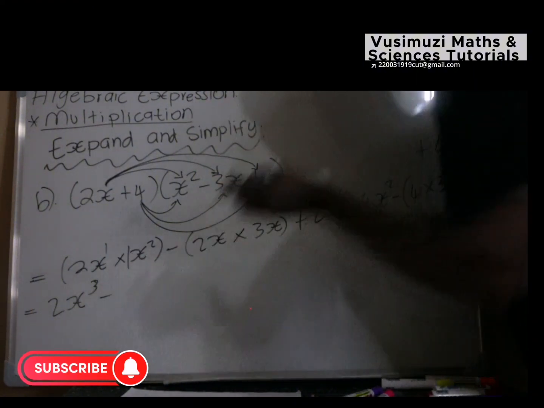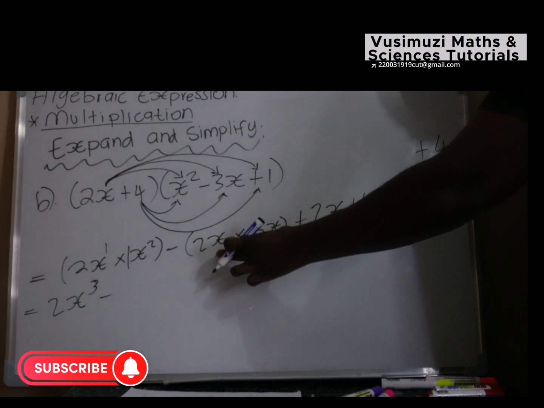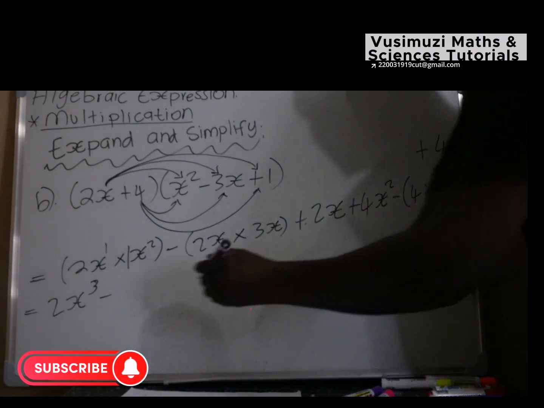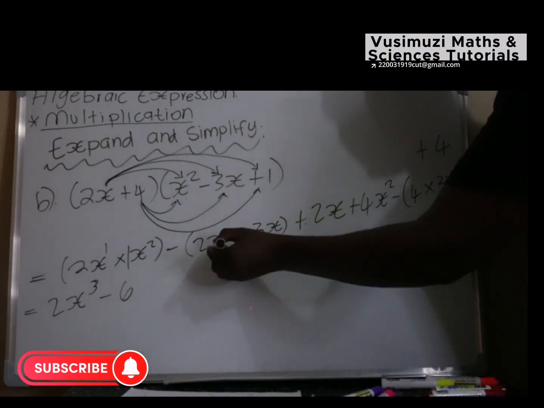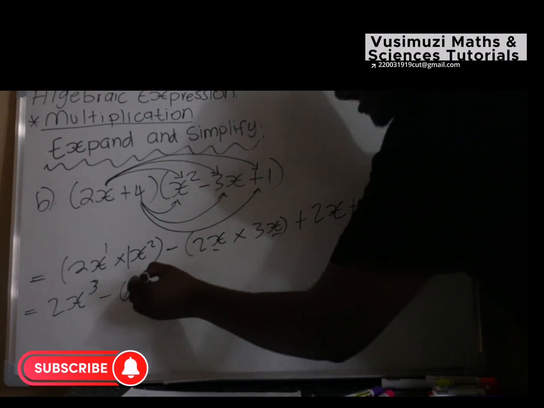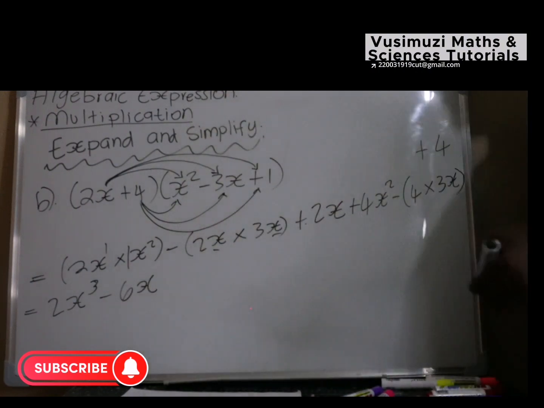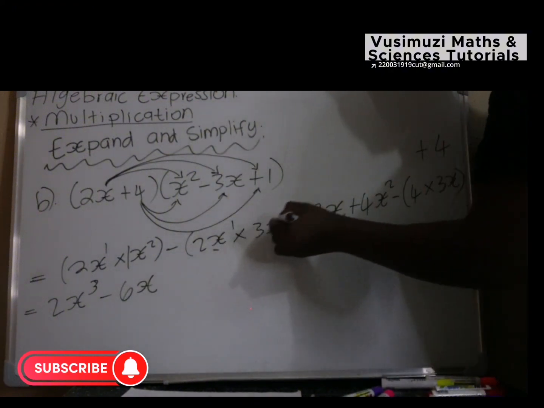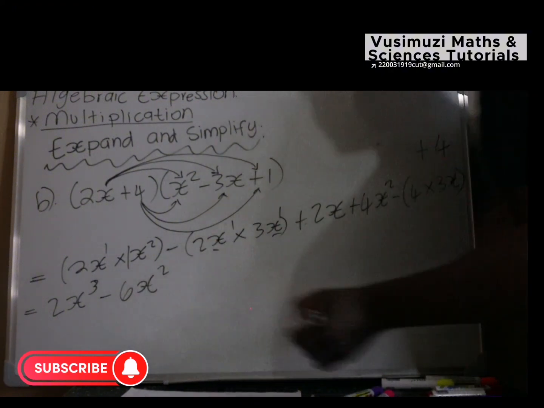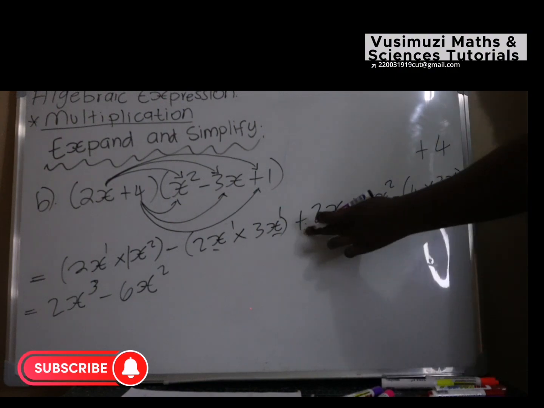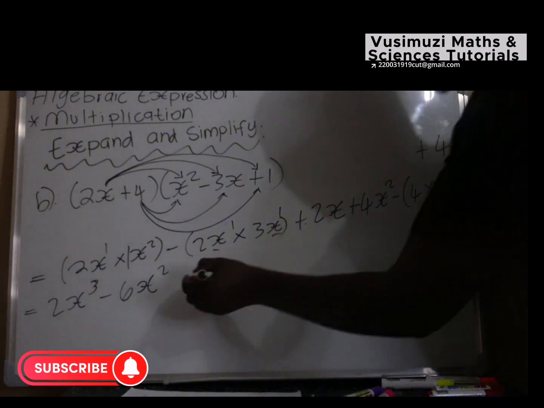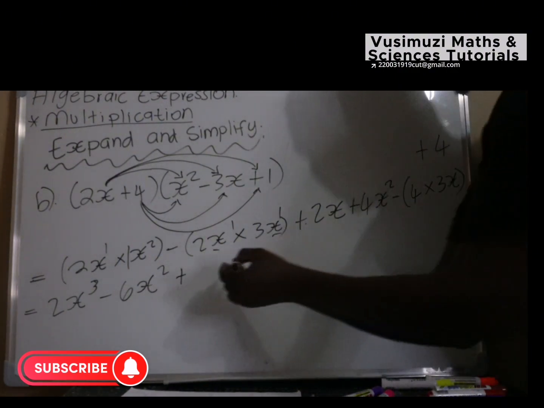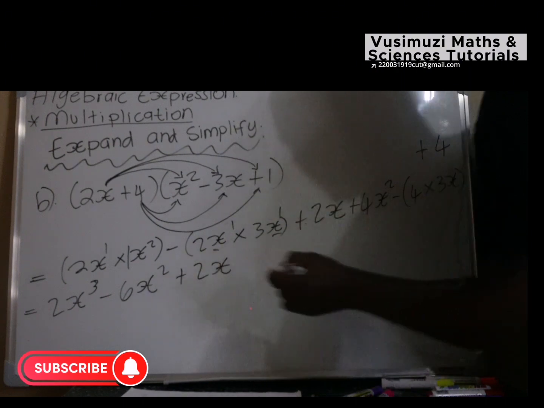I bring down this negative. I'm going to multiply this bracket out. 2 times 3 is 6. Then same bases, x and x, when you multiply you add exponents, so 1 plus 1 gives x squared. Then I drop down this positive. You've got 2x here, you bring down 2x.